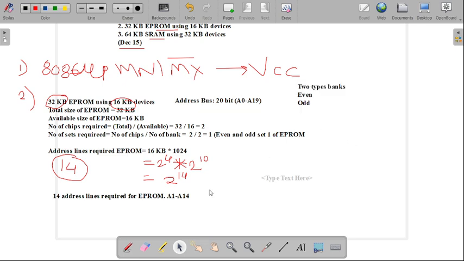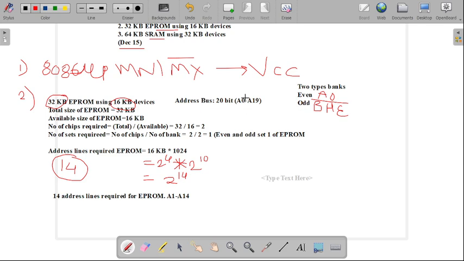This A0 signal will be assigned to our even memory bank, and there is also the bus high enable signal that will be assigned to our odd memory bank. So A0 is accessed by our even memory bank and the bus high enable signal is accessed by our odd memory bank.